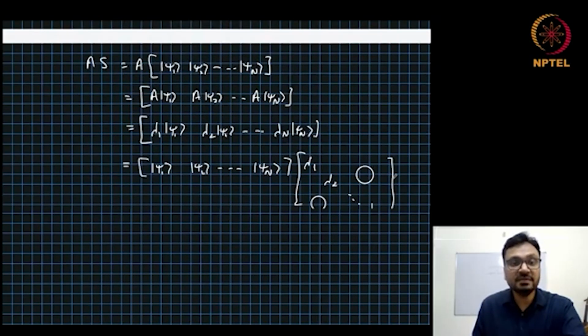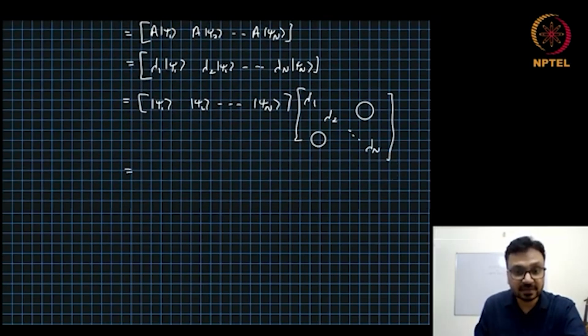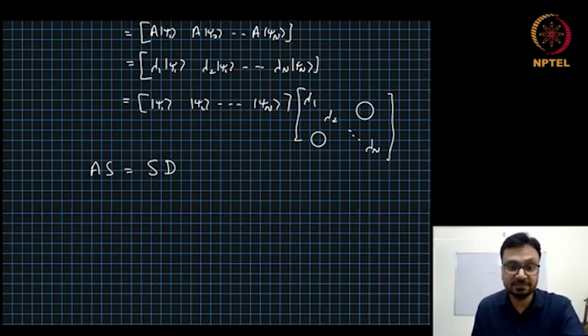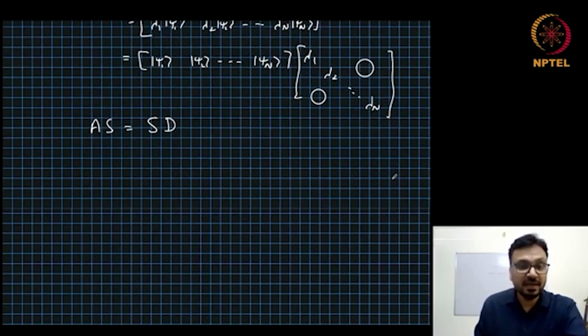We can write this as the same matrix S and this diagonal matrix D. So we have seen that AS equals SD. So we have written the whole eigenvalue equation in this matrix equation.